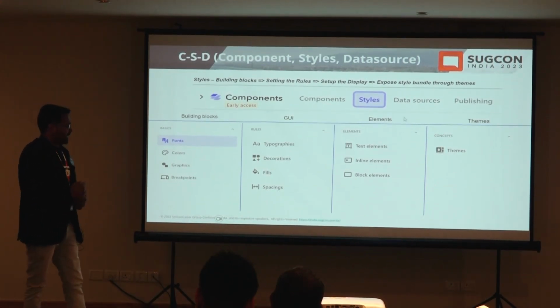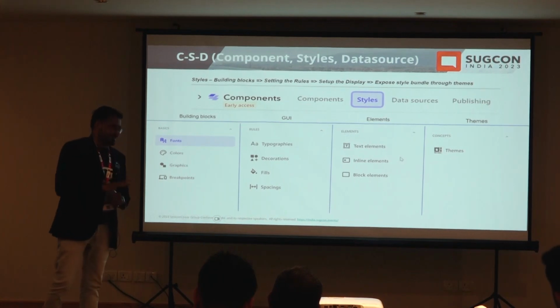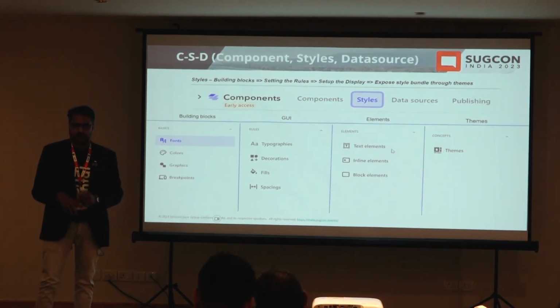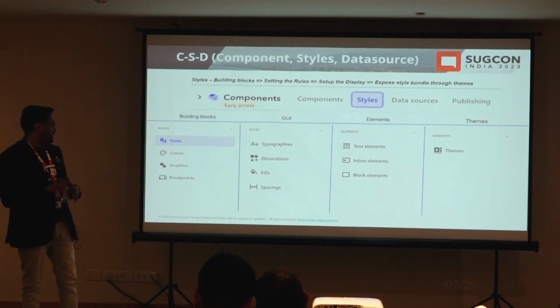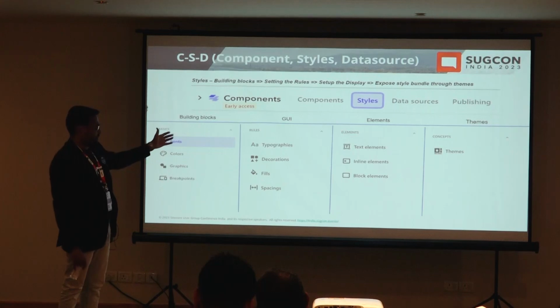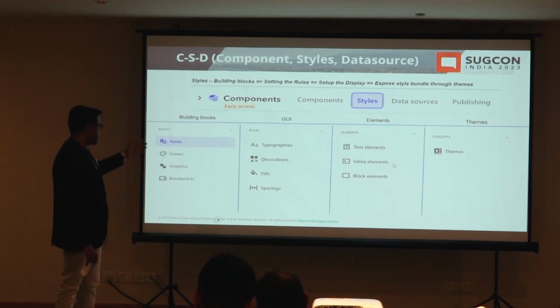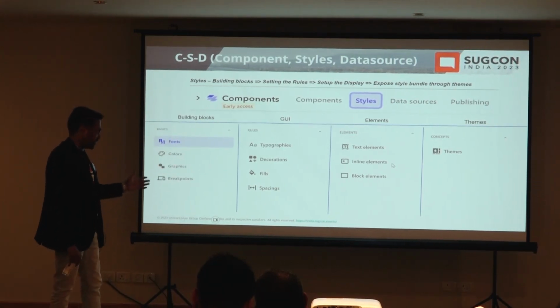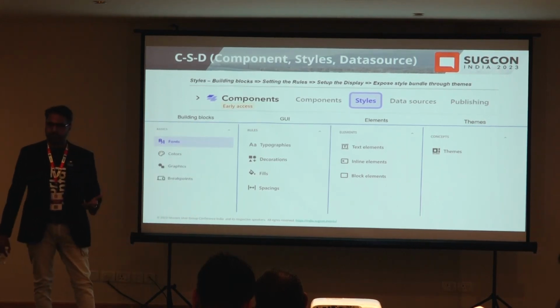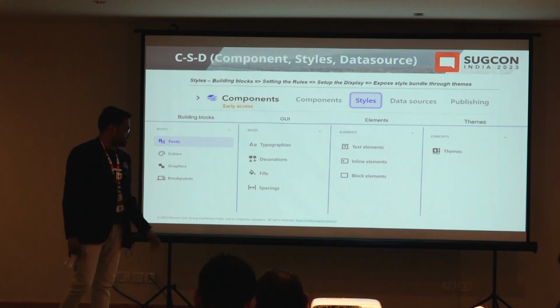Then comes the elements. The first one is the text element. In the text element, we have our paras and our heading text, where we define what kind of typography should be applied to my heading text and what kind of font color it should have. Then come the inline elements, where we have buttons, badges, and links.